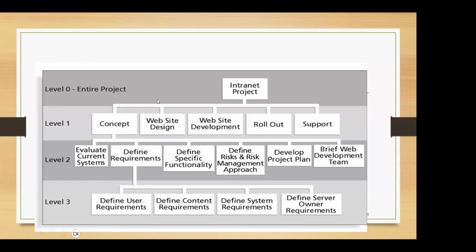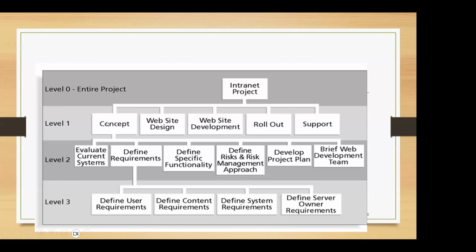In the intranet project, we have several stages again. You have the conceptualization, the website design, website development, then the rollout, and then support. These are the stages of the project.